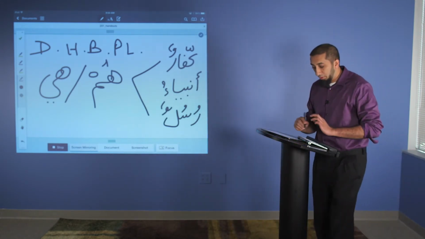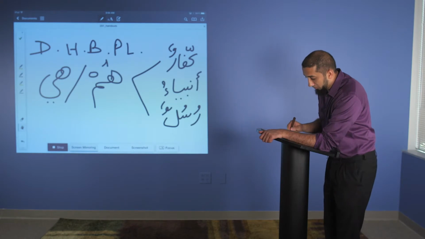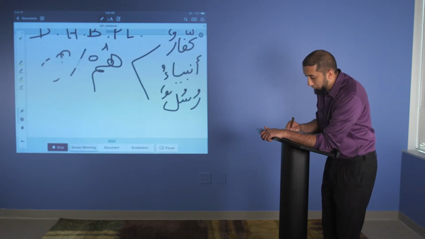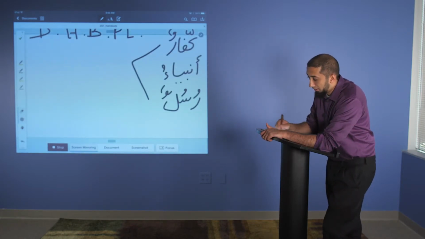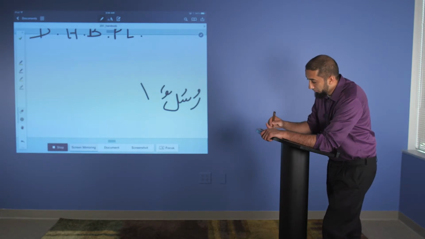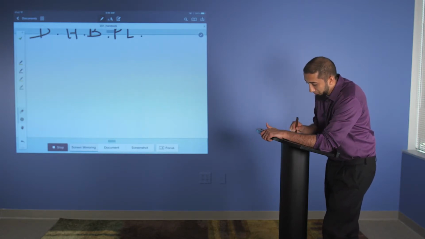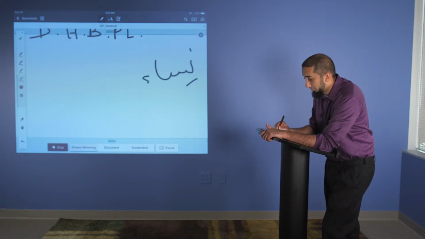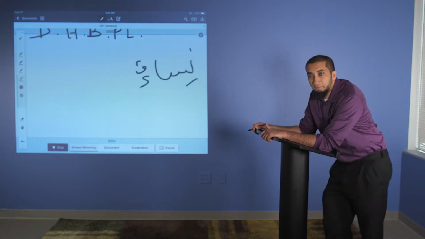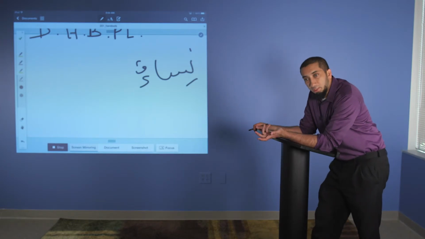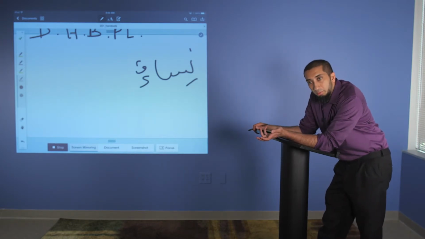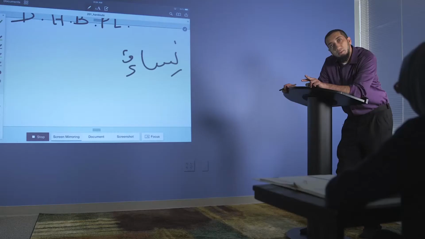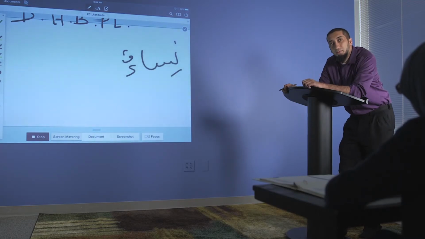Okay. Let me give you another example of that that's different from these, just so that point becomes clear. You have a choice between reality and, you know, this rule of grammar. Another word is, a broken plural is nisa'un. Means women. You have two options, because it's a broken plural, right? What two options do you have though?